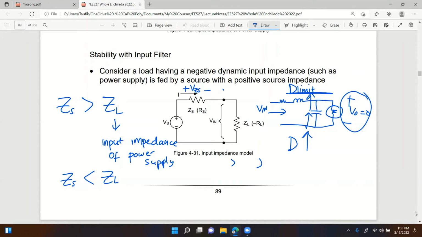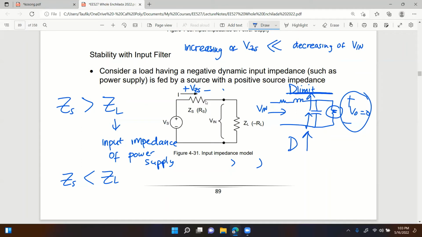Let me repeat what I said. If the increasing rate of VZS is much less than the decreasing rate of Vin, then we'll be okay, right?